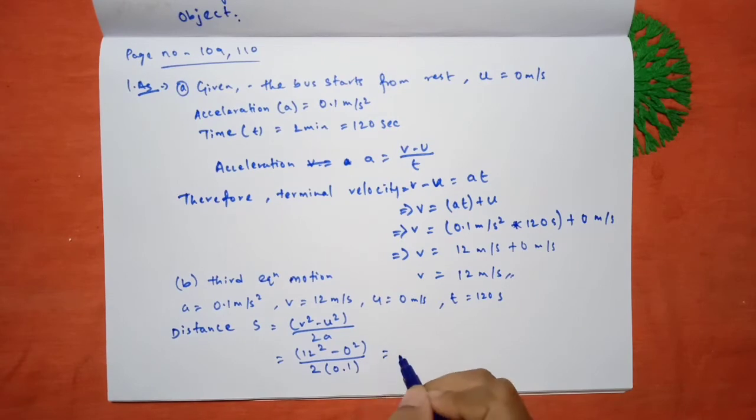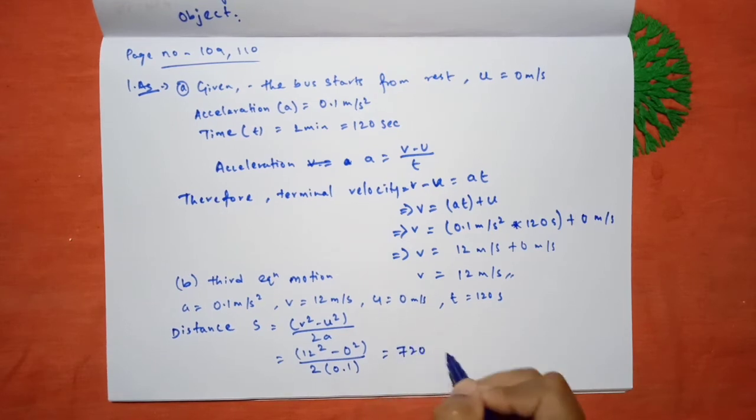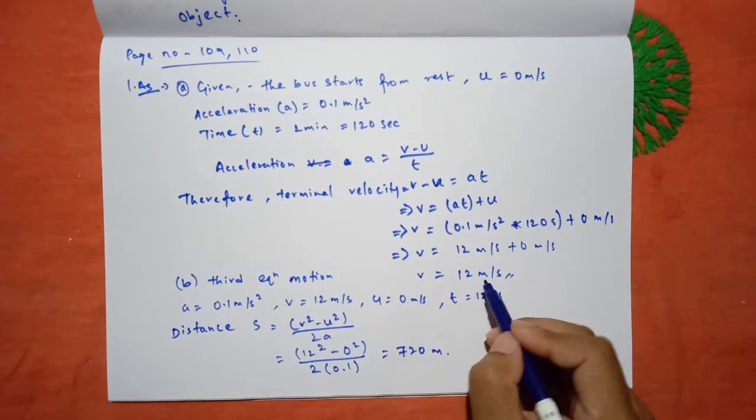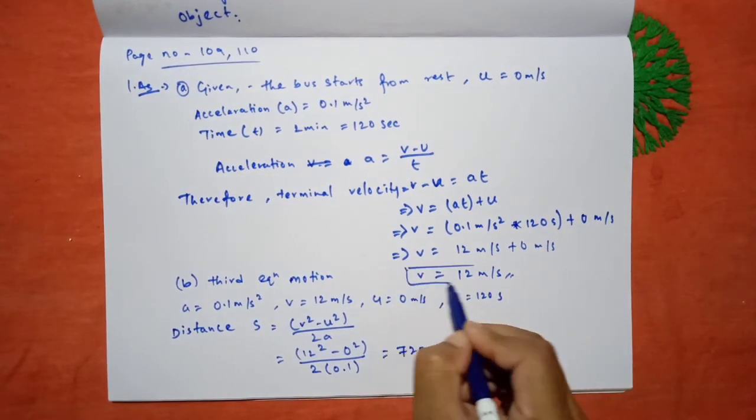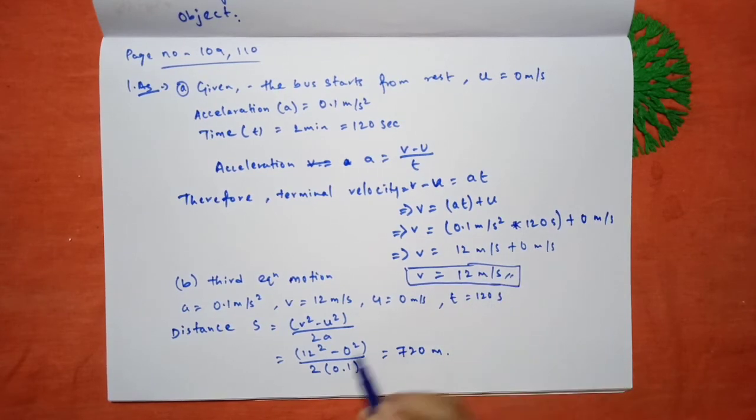Calculating this, the answer will be 720 meter. So for the first one, the speed acquired is 12 meter per second, and the second answer, the distance traveled, will be 720 meters.